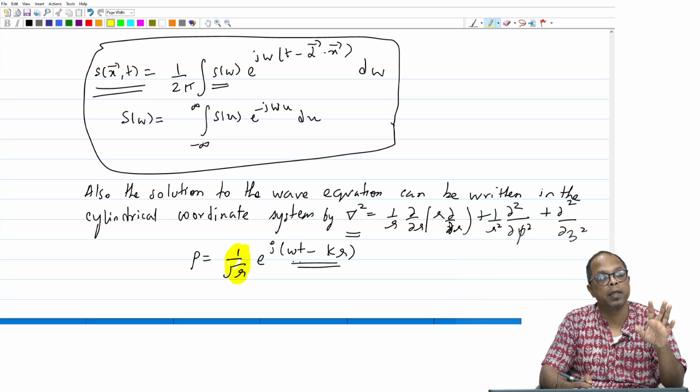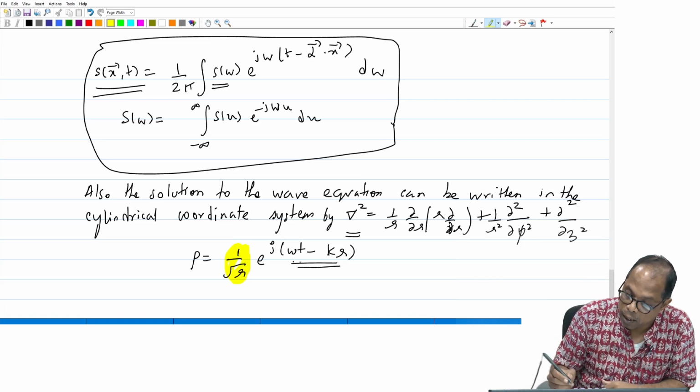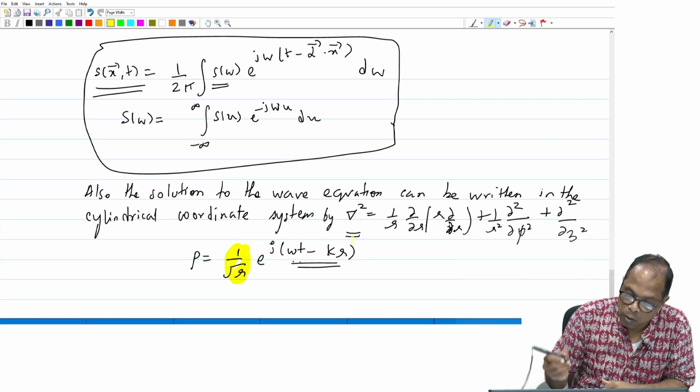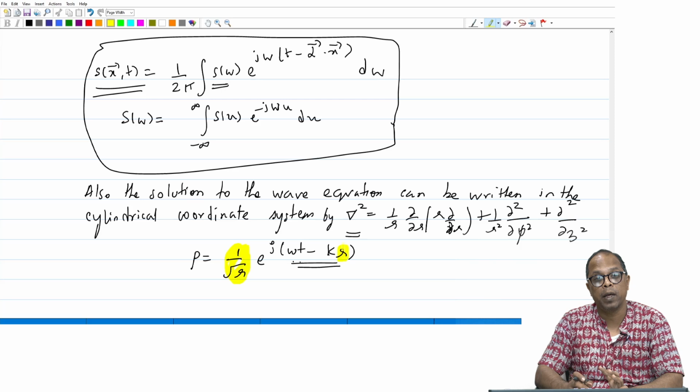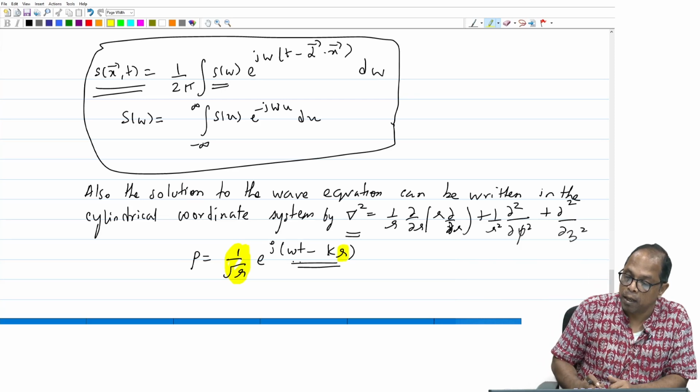There is no such spreading in the plane wave concept, but in the cylindrical coordinate system you do have that. Also note that r is a radial distance; there is no x and y here, it's all the radial distance.